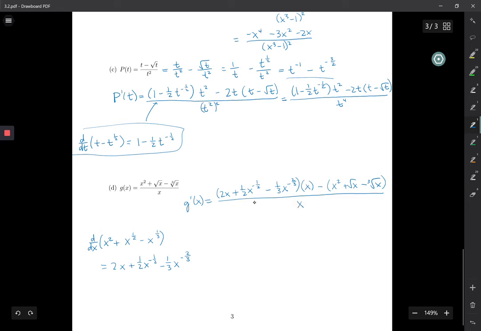And then over x squared. Okay, so that is what you get from the quotient rule.